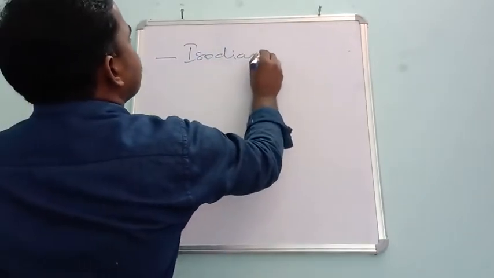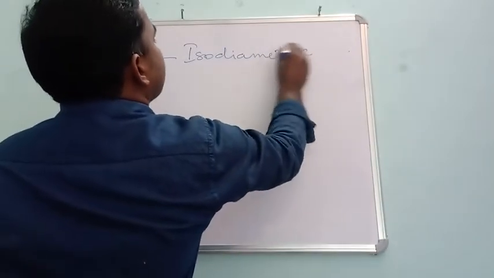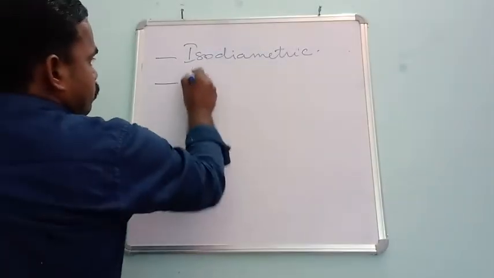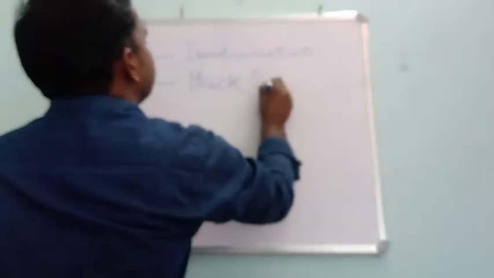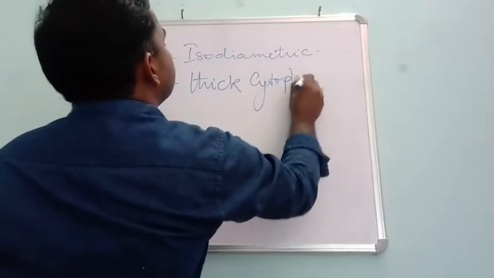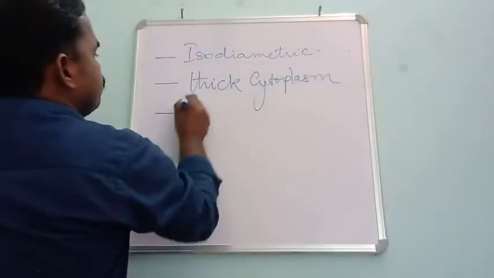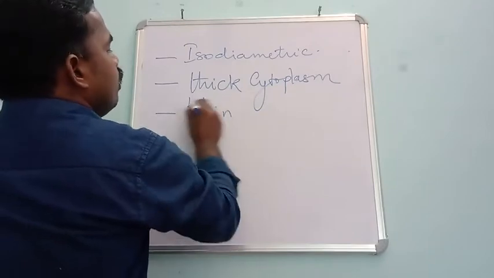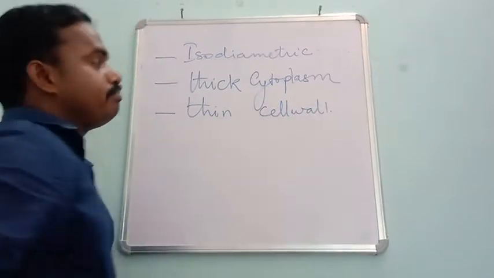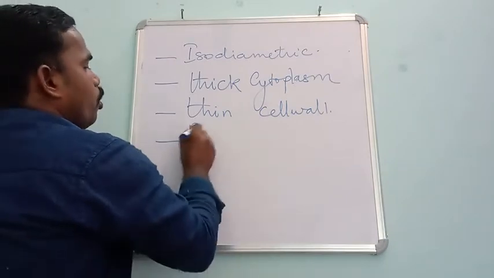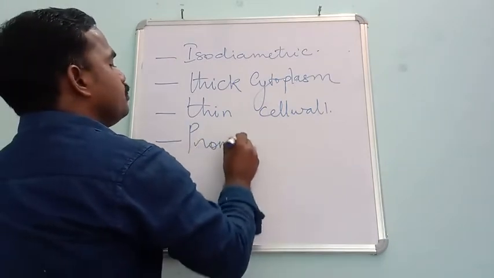They are isodiametric, they have thick cytoplasm, thin cell wall, and a prominent nucleus.